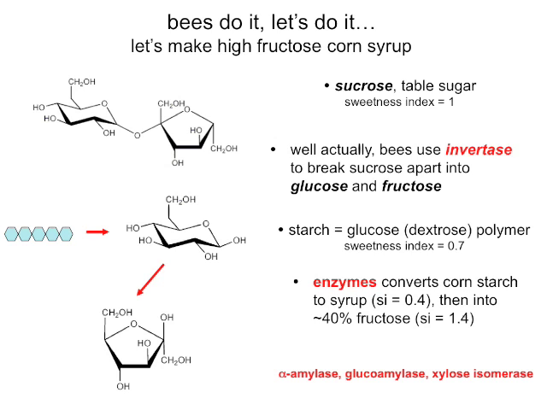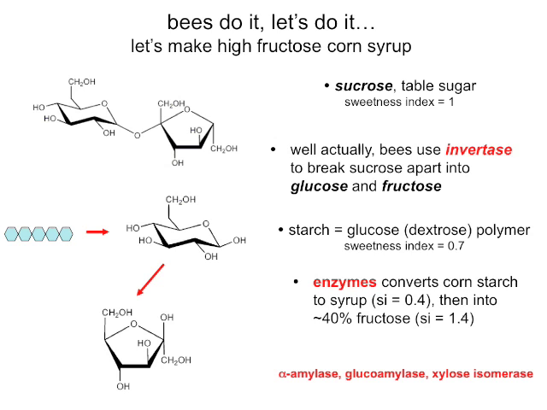So what we do is employ a whole slew of enzymes in an industrial process. The enzymes first convert the starch polymer to glucose syrup, which has a fairly low sweetness index, but then convert it into 40% fructose, which itself has a much higher sweetness index than table sugar. And so by making a mixture of glucose and fructose, we get a sweet compound that we couldn't simply get from breaking up the starch into glucose on its own.